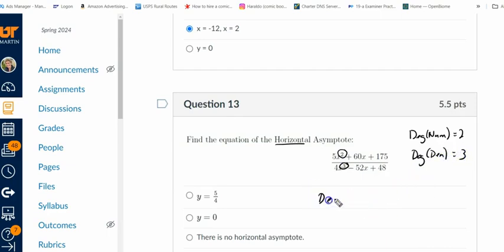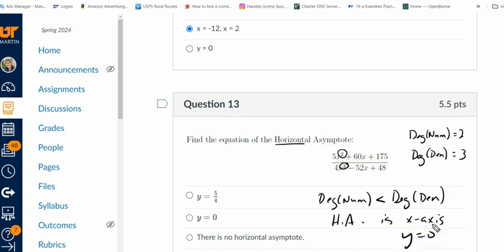So the degree of the numerator is smaller than the degree of the denominator. And if that's the case, there is a horizontal asymptote, and it's the x-axis. The x-axis has equation y equals 0. So that one there.